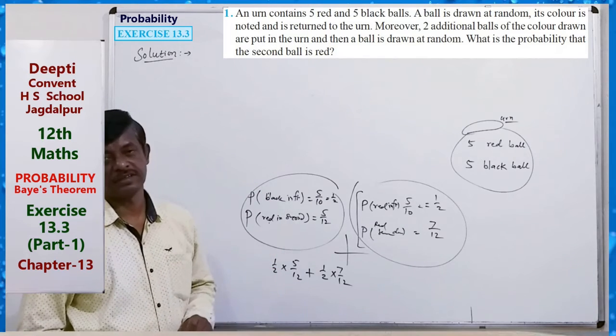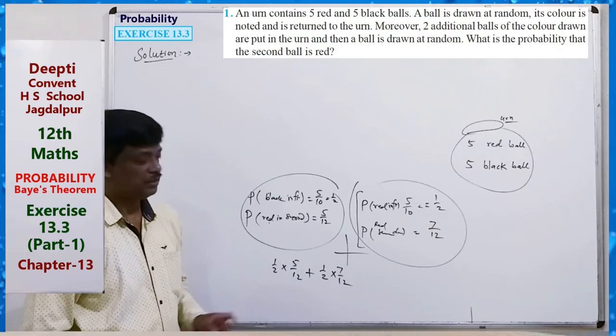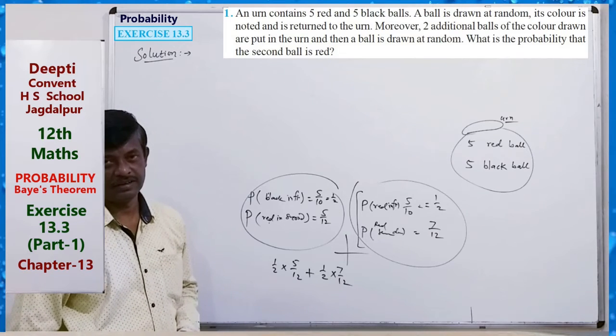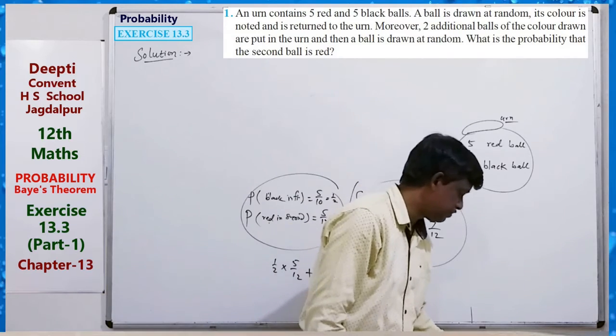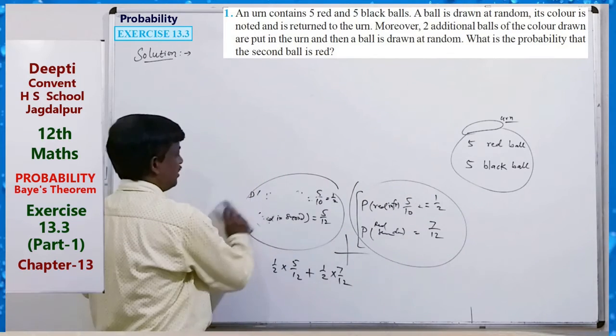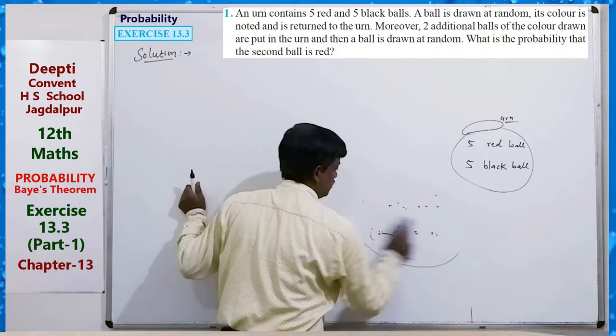So this is the required probability. Here, the total probability theorem is used.